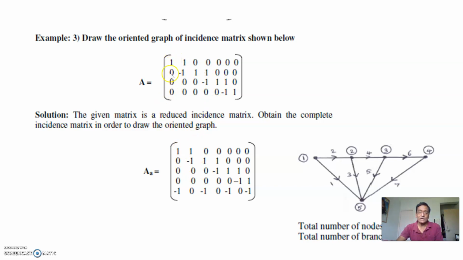When I add all these elements, I am going to add one more row here. I am thinking about what I have to enter here. First element: I should add something over here so that this sum comes to 0. The sum is already 1 and this should be 0. That means I should add minus 1.